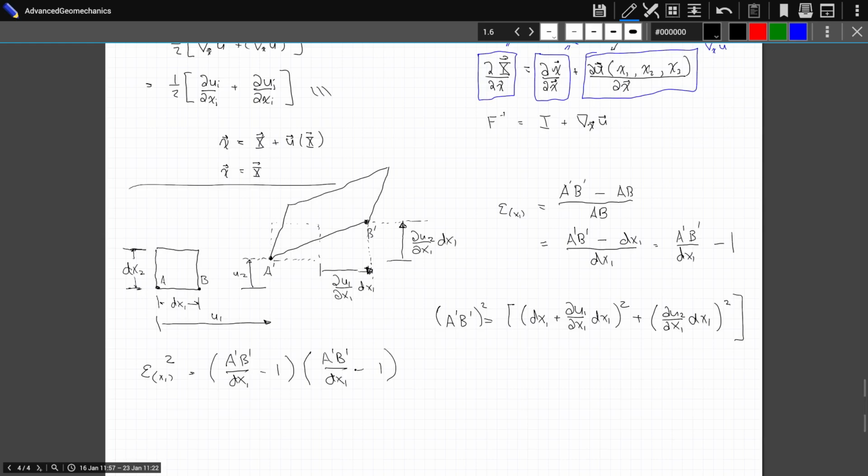I'm not going to write everything out, but understand, if I take this term and multiply by that one, I'm going to have something with an AB squared in it, right? And then I'll have a 2 a prime b prime over dx, and then I'm going to have a plus 1 on the end.